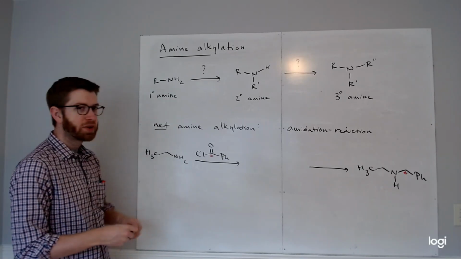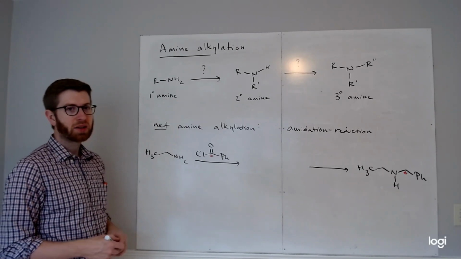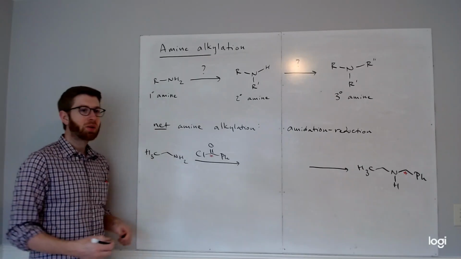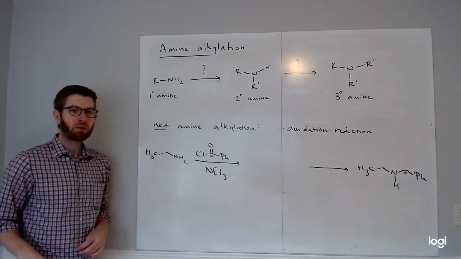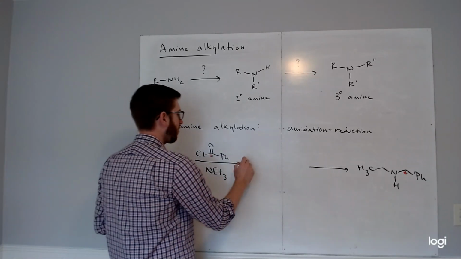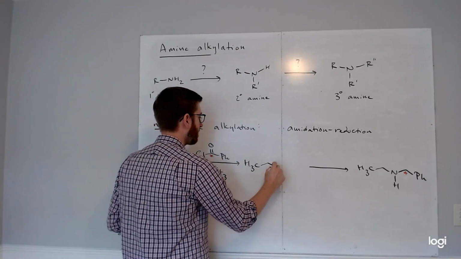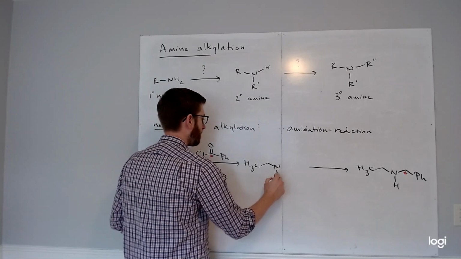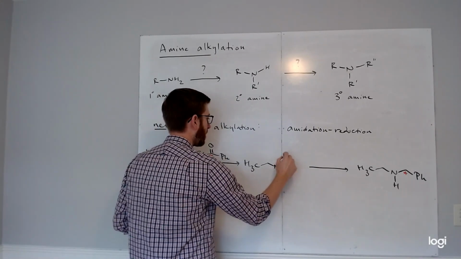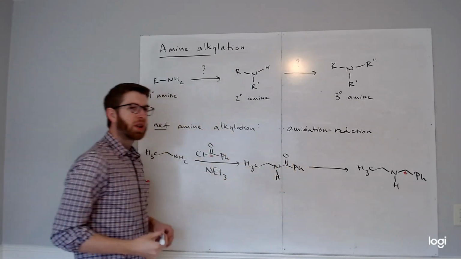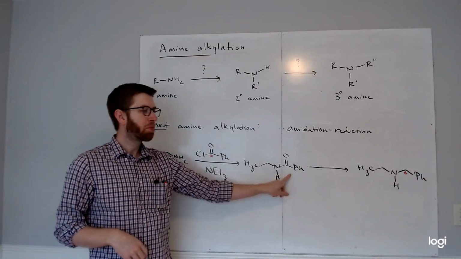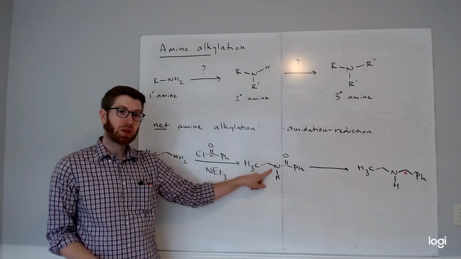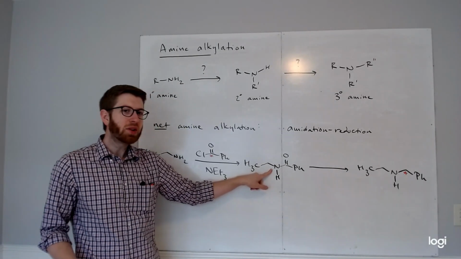We also know that these reactions require some kind of auxiliary base, so triethylamine or pyridine. We'll use some good old triethylamine. And that means that we would first make an amide. We can reliably add just one of these groups because when I make this product, this nitrogen, as we talked about in the first video, is essentially no longer nucleophilic.